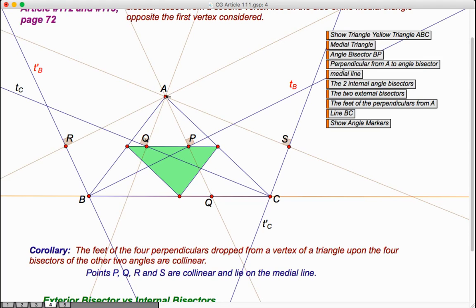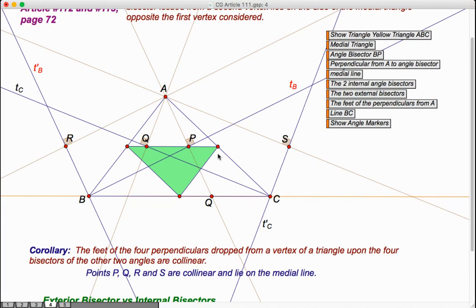From point A, I constructed a line perpendicular to this external bisector. It passes through point S. From point A, I constructed P. From point A, I constructed point Q. And finally, from point A, I constructed point R. Are they collinear?